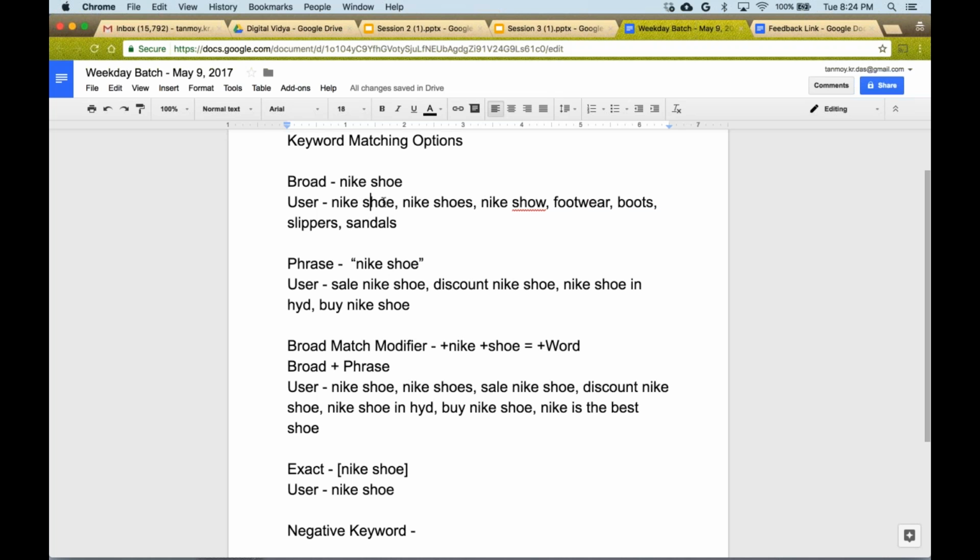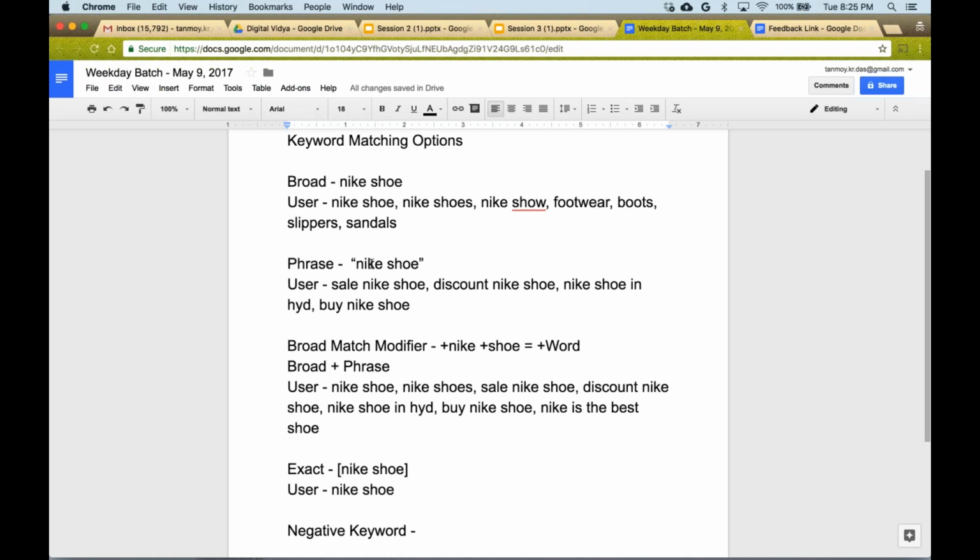So people searching for Nike shoe, Nike shoes, Nike show, which is a misspelling, or synonyms like footwear, boots, slippers, sandals, chances are the ad might be shown to that person. That's your broad match.